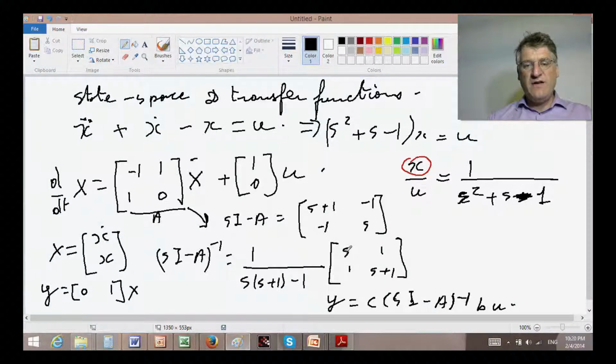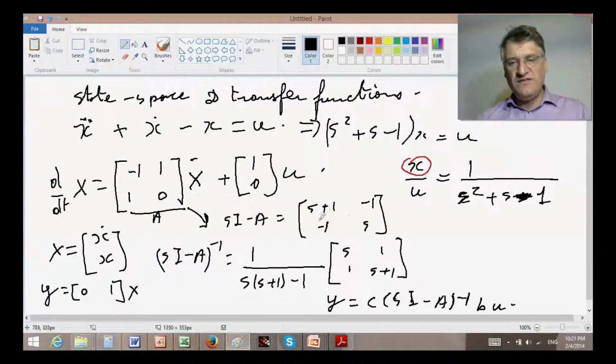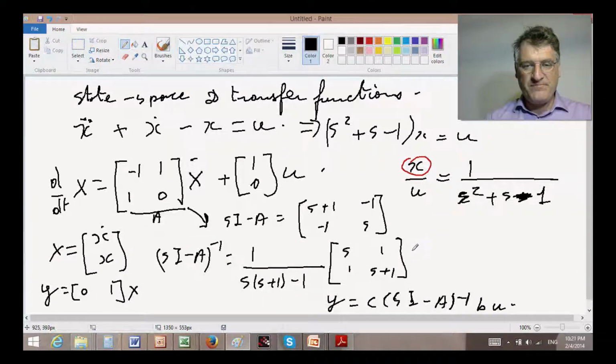Okay, so you compare s times s plus 1 minus 1. So let's see, s plus 1 times s minus 1 times 1 is this expression. It is 0 and it becomes 1 because you take the ratio of these two. Now s plus 1 times this minus that. Okay, so that's perfect. This is indeed the inverse of that matrix, provided that you multiply it by this before.